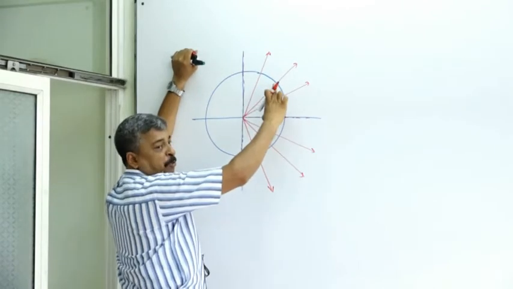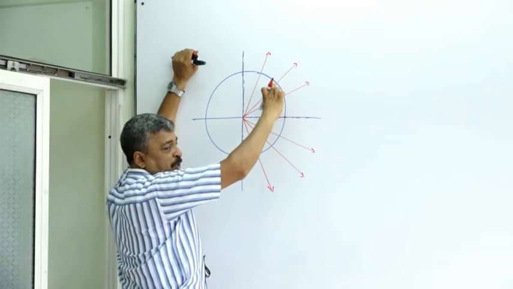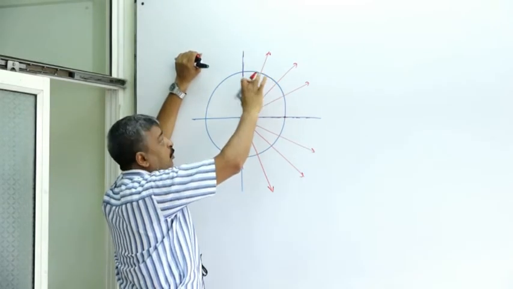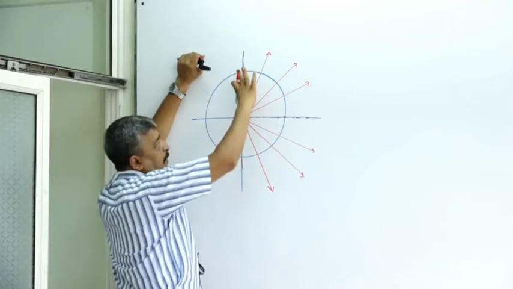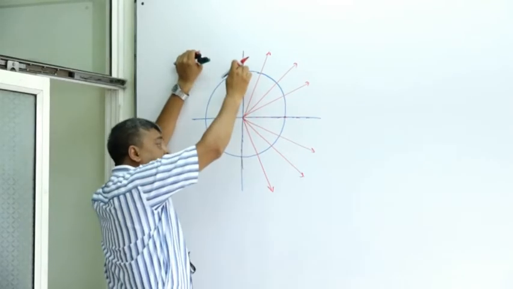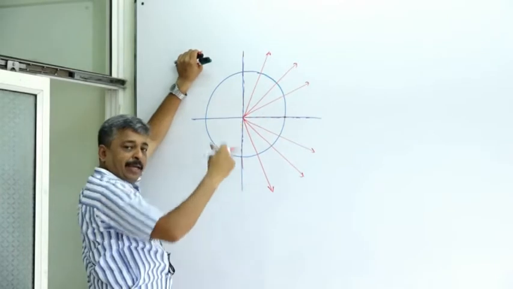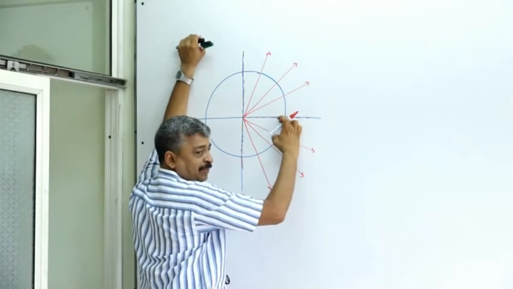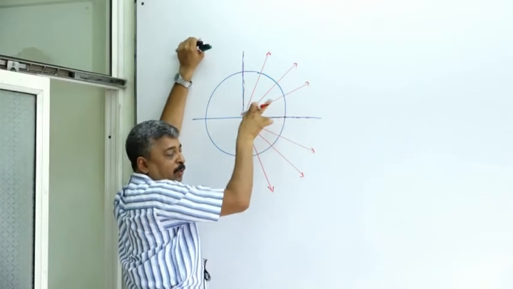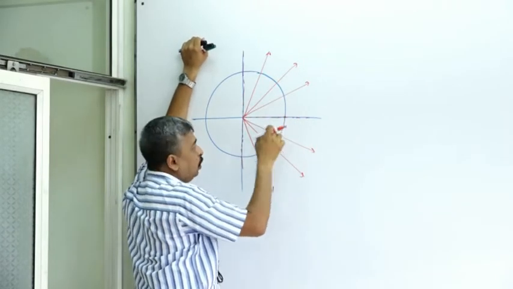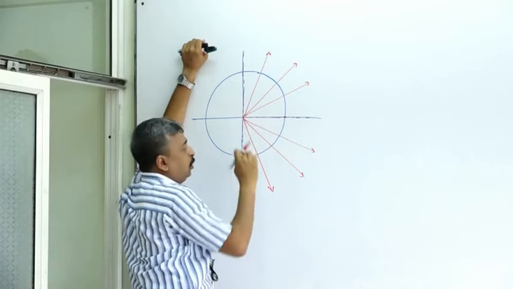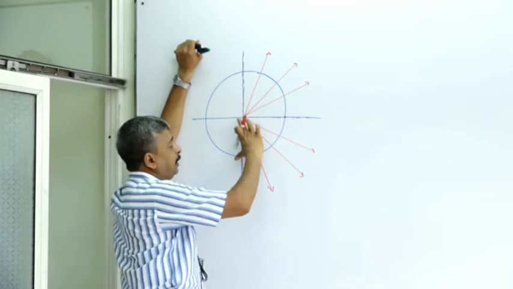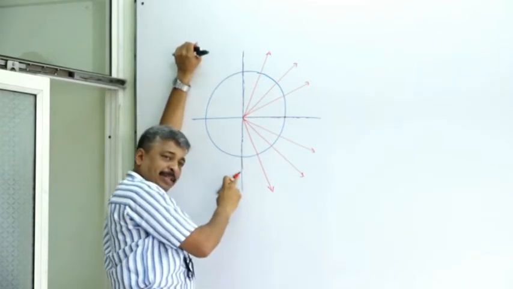The second ray is 45 degrees, therefore this is 1 upon root 2, this is 1 upon root 2. The third ray is 60 degrees, this is root 3 by 2, this is half. The fourth ray is 90 degrees, where sine is 1 and cos is 0. Minus 30, this is minus half, root 3 by 2, minus 1 upon root 2, plus 1 upon root 2, minus root 3 by 2, plus half. And here sine is minus 1, cos is 0.